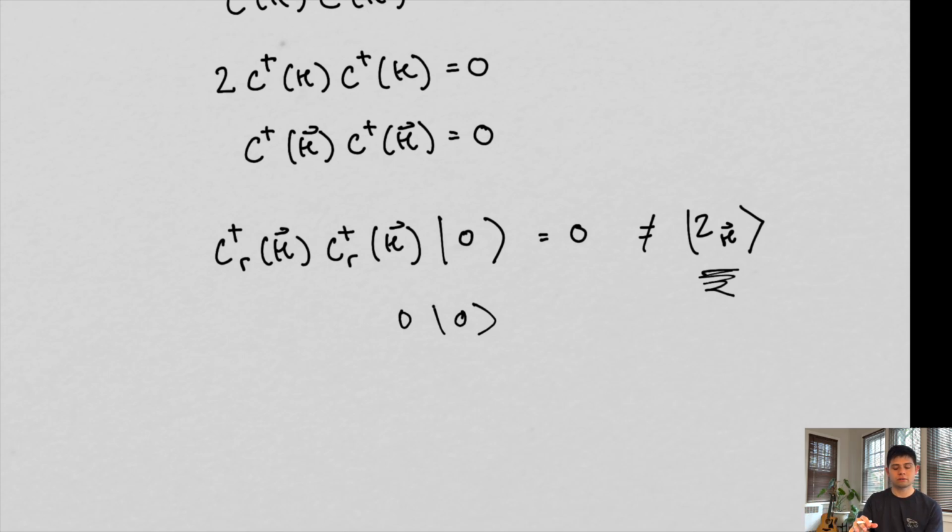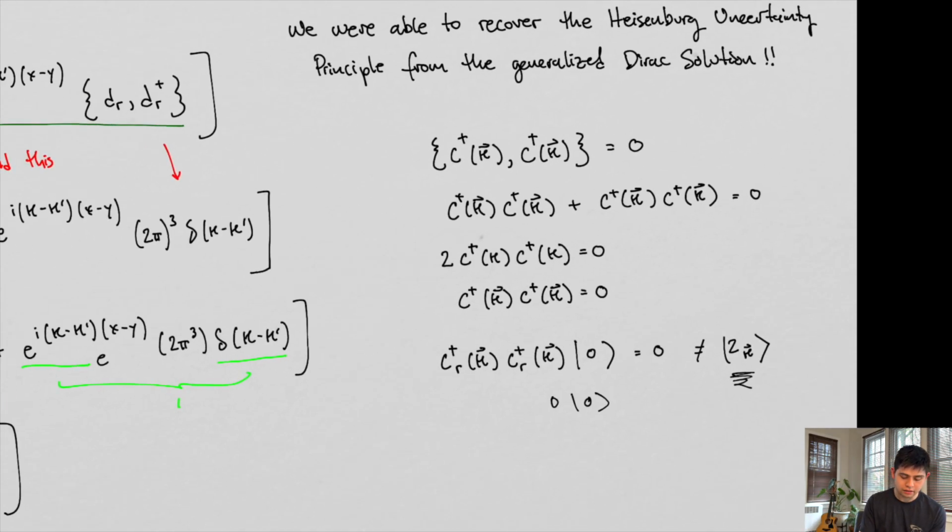Based off of what we've done so far, we cannot create two particles with the same state, because we've demanded that these anti-commutation relationships must be true in order to satisfy the Heisenberg uncertainty principle for spinors. And lo and behold, we have proven, using quantum field theory, that the Pauli exclusion principle is indeed a principle of physics.